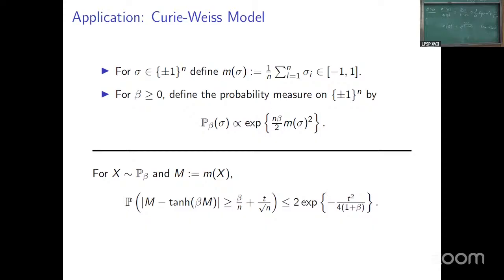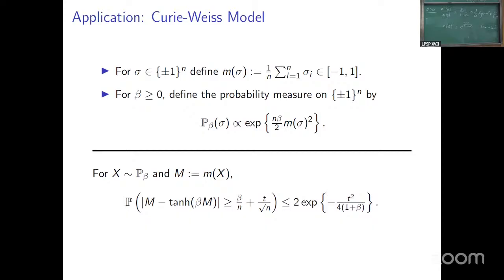I think Veridon talked about that a little bit in his talk, that this is the right scaling to get something to have some effect. And then the parameter beta is here. When beta is equal to 0, this is just the uniform measure. I'm just tossing a fair coin independently for each spin. And as beta becomes larger, the effect of the magnetization becomes larger. It puts more and more weight on magnetizations that are closer to +1 and -1.